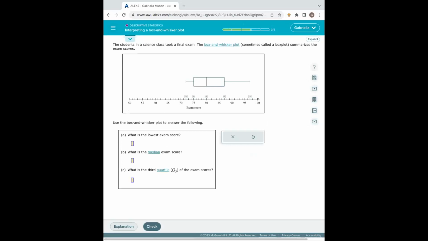What is the lowest exam score? So the lowest I'm seeing is 72. Yes. And then the mean, I would say about 80. 80's good. And Q3 is the left side, correct?